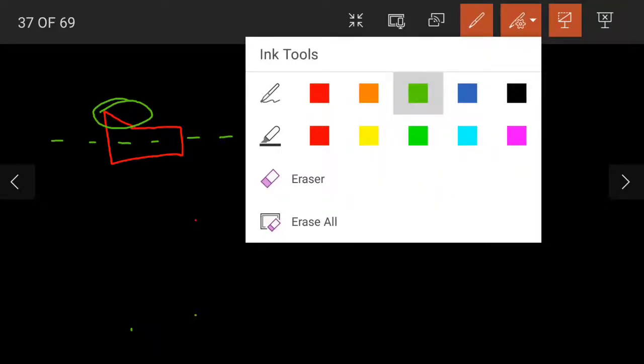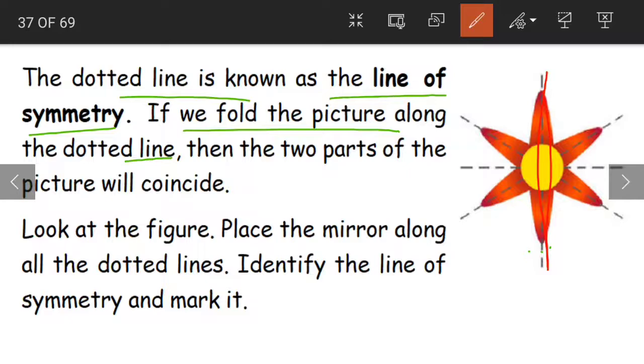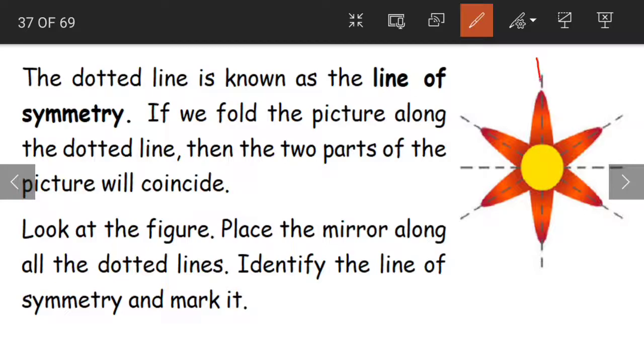So that is an example of a figure that is not symmetrical. The two halves will not be exactly the same. But when we have a figure whose two halves can be exactly the same, then it is called a symmetrical figure. And the line along which we get symmetrical halves is called the line of symmetry.